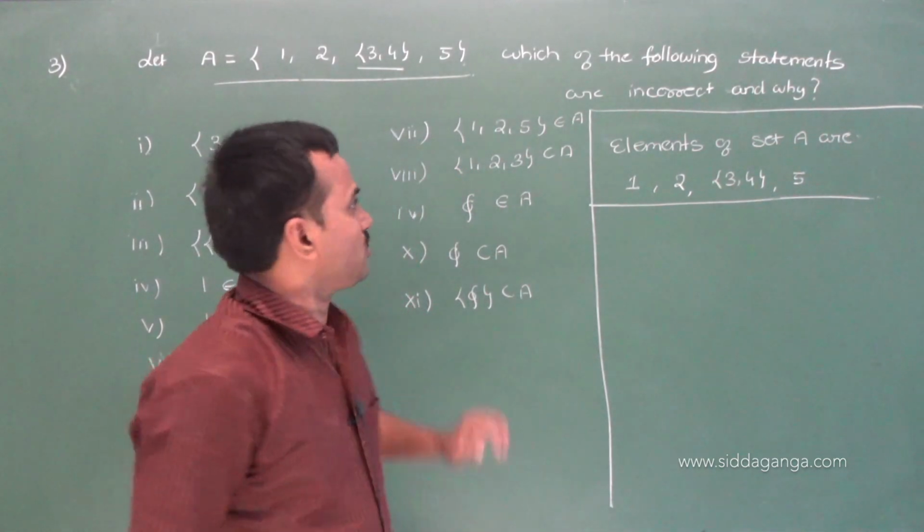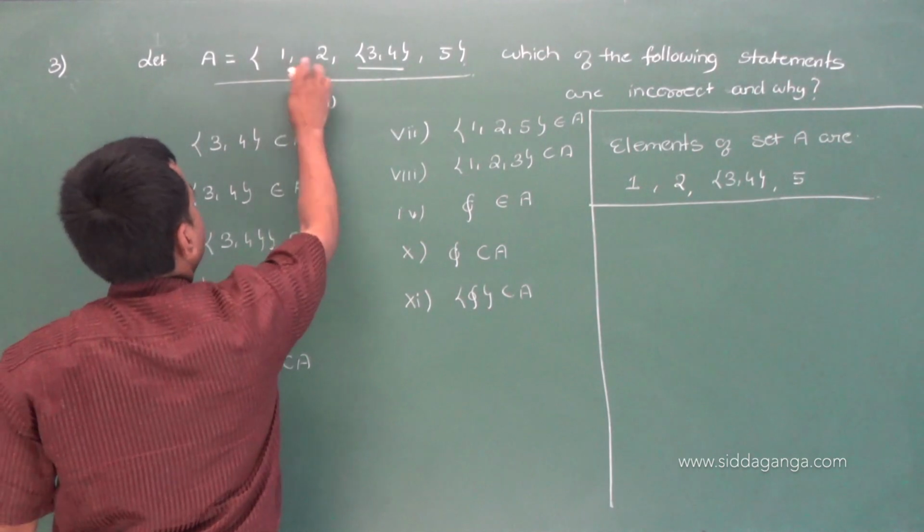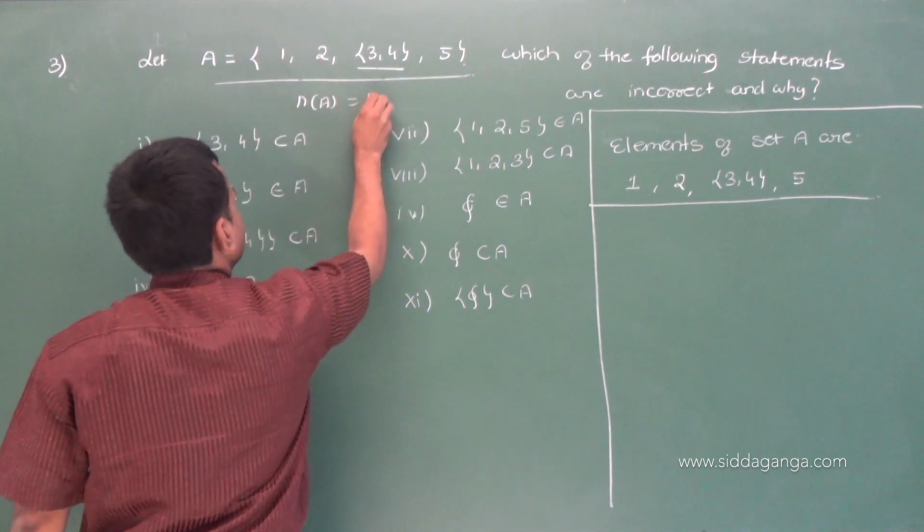The total number of elements, n of A, is how much? 1, 2, 3, 4. n of A is 4.